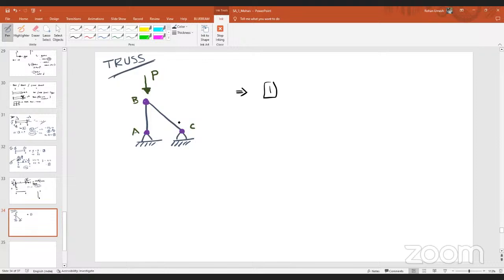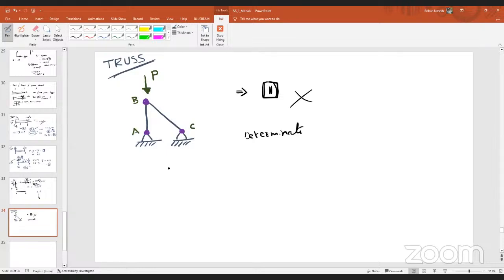Don't recall any formulas. Everybody will agree, one unknown reaction? Only 1 unknown, sir. Wrong. I can say this is a determinate case.